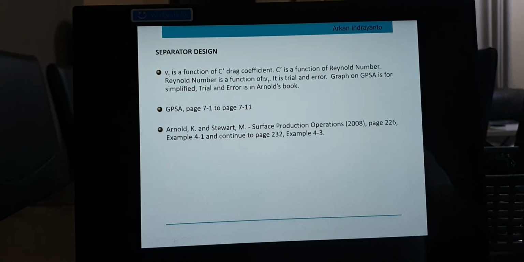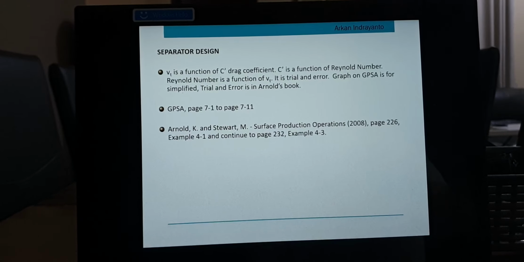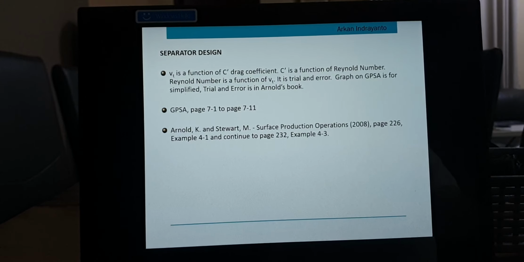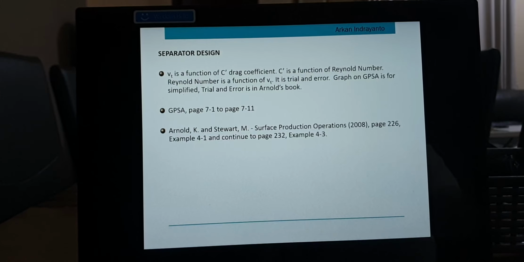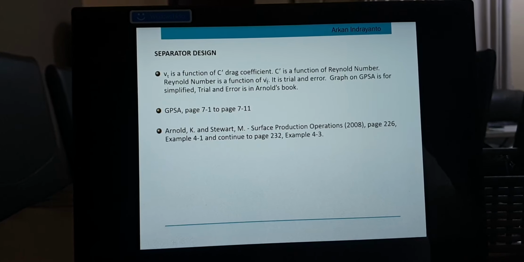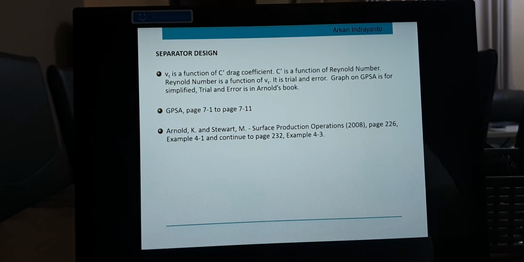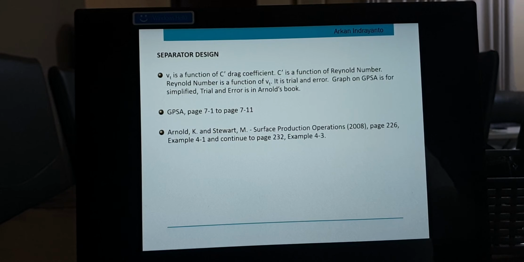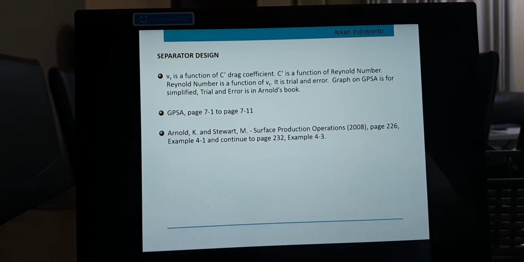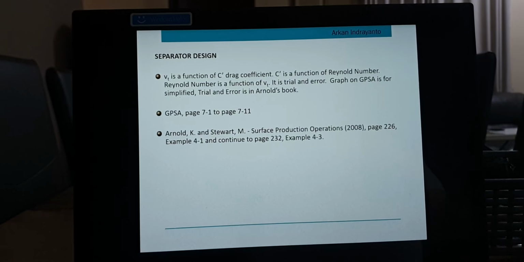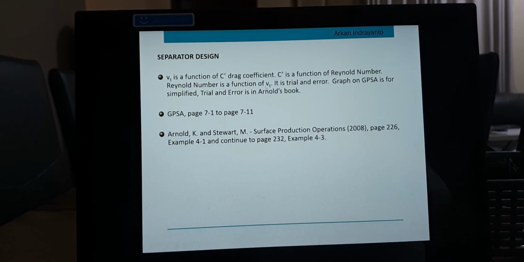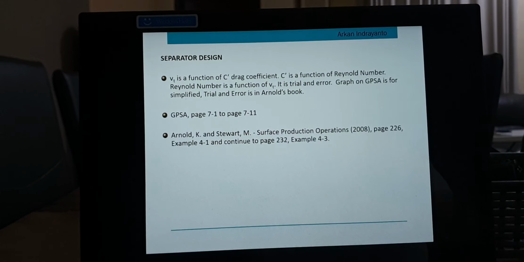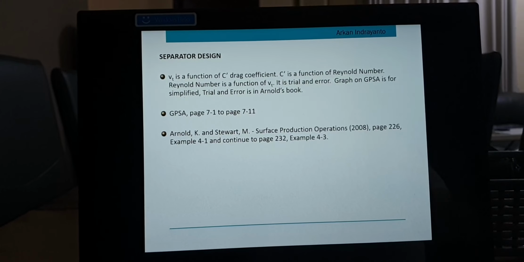What is the Vt actually? It is the velocity we need for separating between phases, from one phase to another. From the Vt we will be able to decide the height, the diameter and the length of the separator. So Vt is the vital parameter to design the separator.